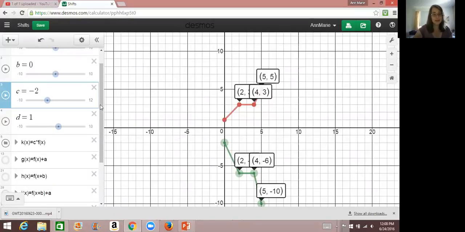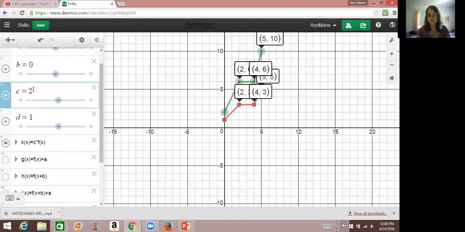This is pretty much the same thing that we got when C was +2. It's just turned upside down. Stretches applied after the function does its work, in other words, in front of the functional parentheses, make things taller. What's going to happen if we apply the function, the stretch, before?